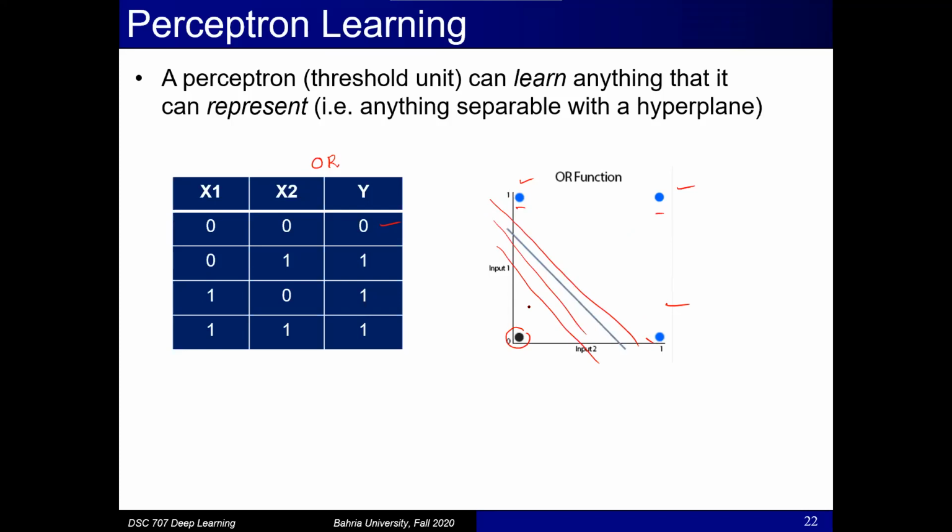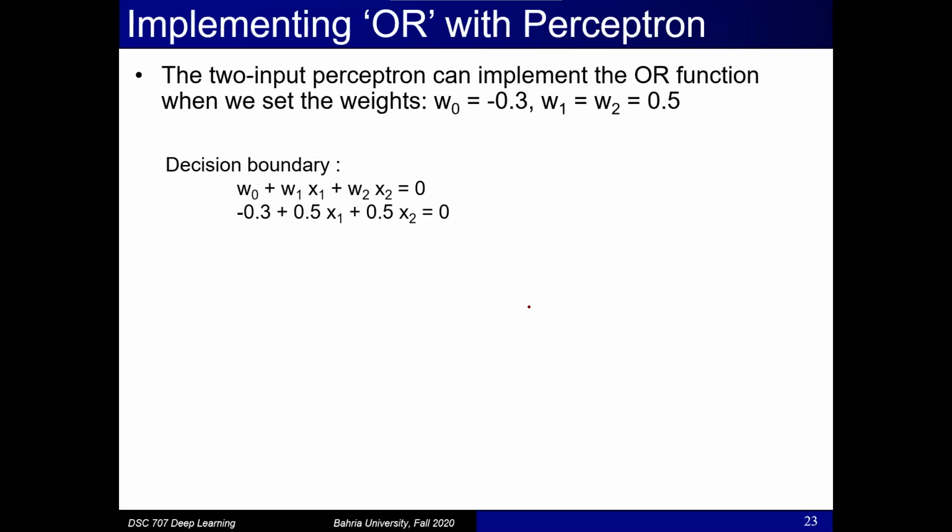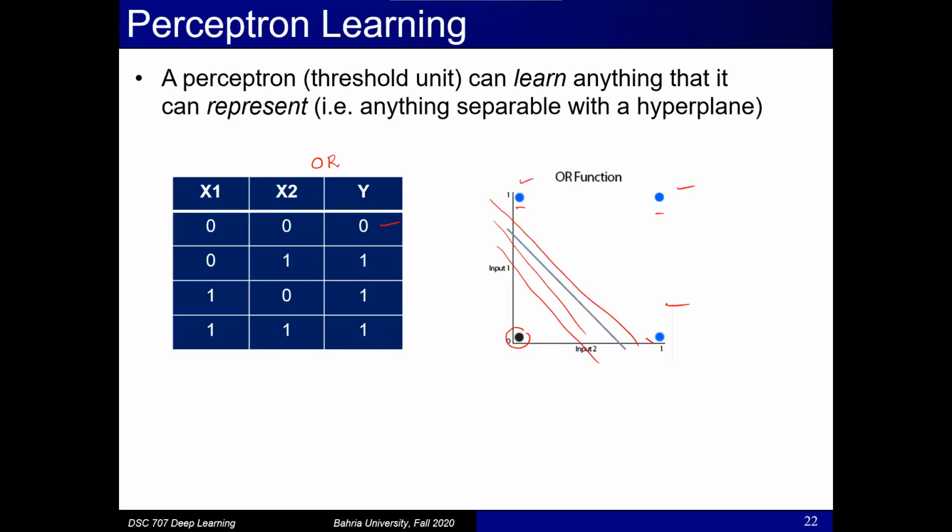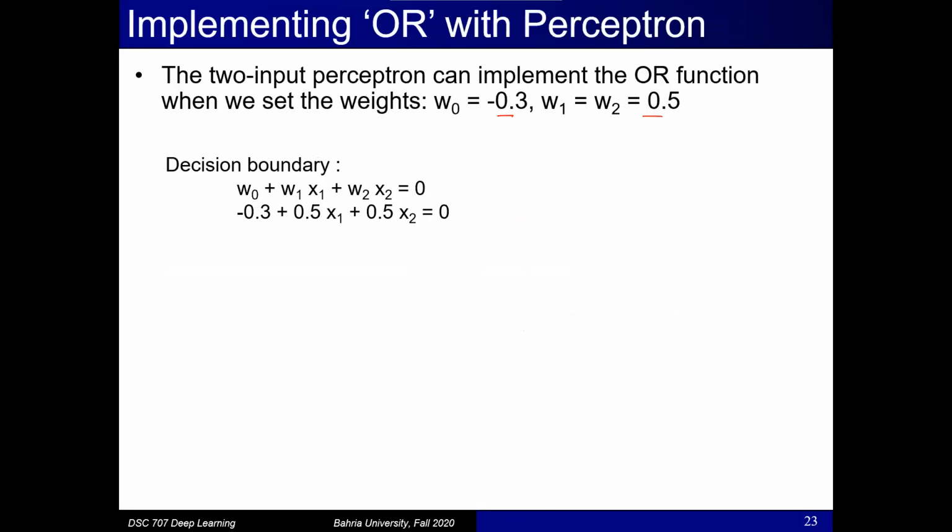Okay, so let's just take an example of one possible value of weights. Let's assume W0 is -0.3 and W1 and W2 both are 0.5. So if you plug in these values, you will get one of these lines. So let's see whether this is solving our problem or not. The first input, x1 was 0 and x2 was 0.